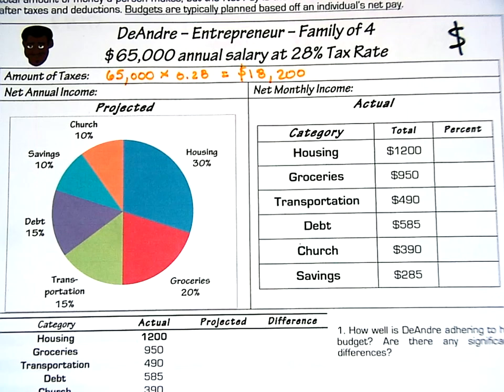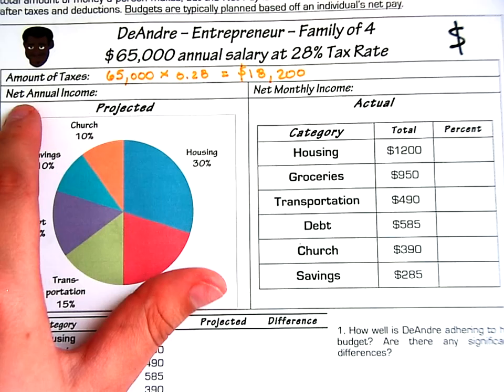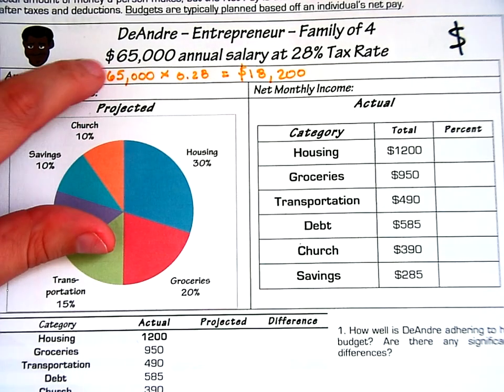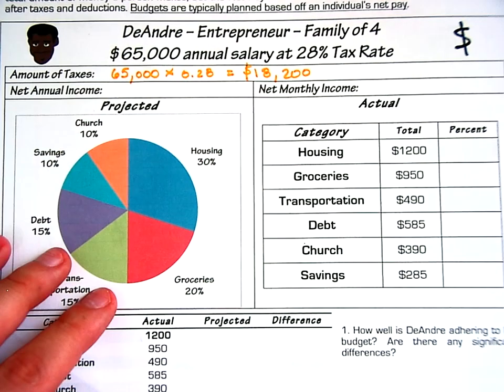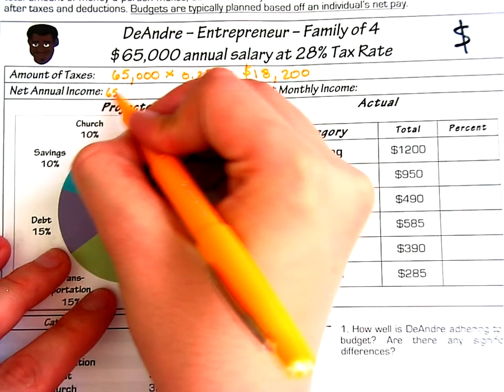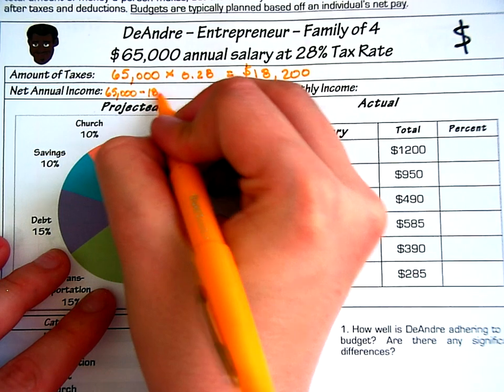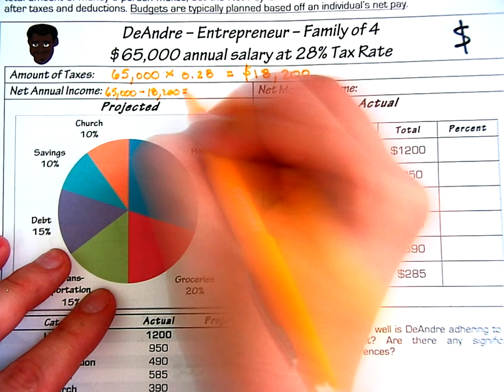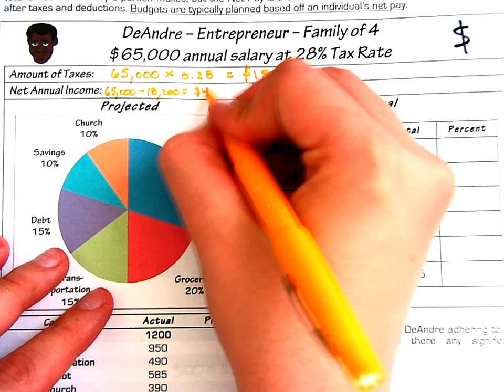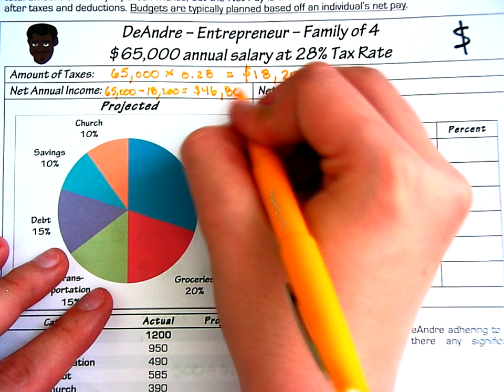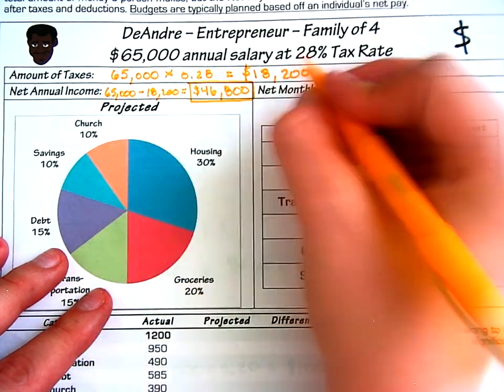That's a lot. Then we're finding our net income. All that means is the money you make minus the taxes. So this is 65,000 minus 18,200, and this is basically what you actually get to bring home. And that's 46,800. Let me box that a little so it's easier to see.